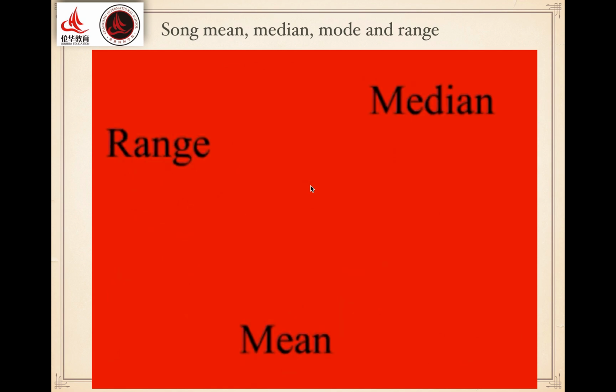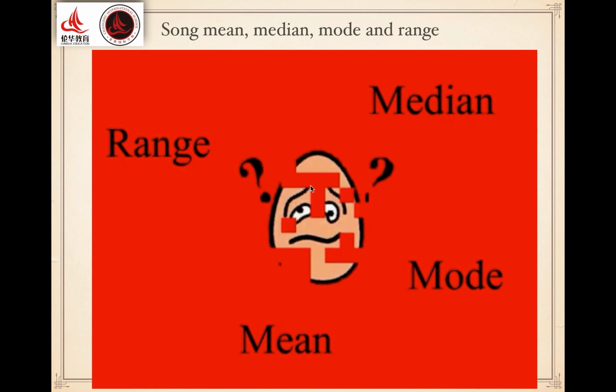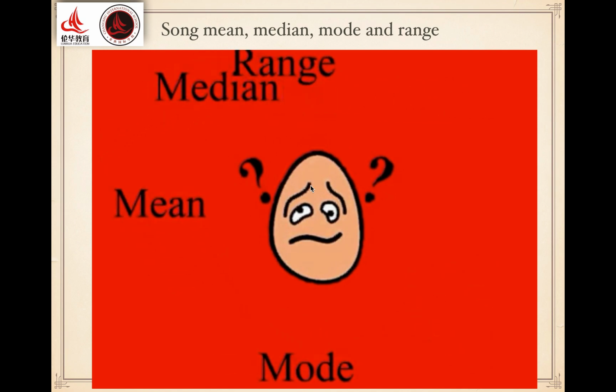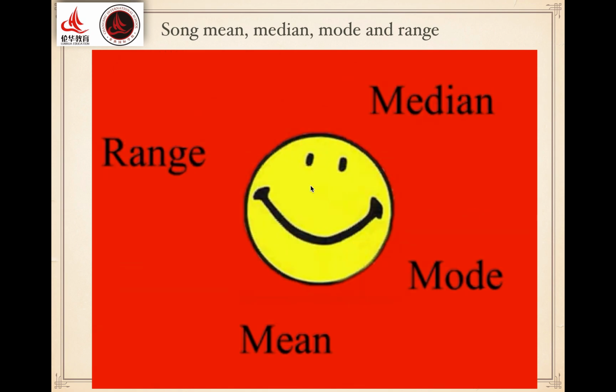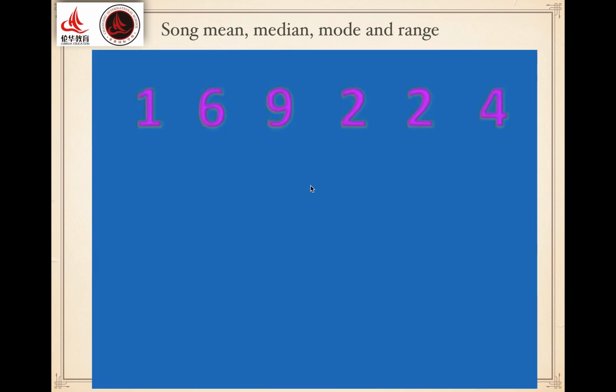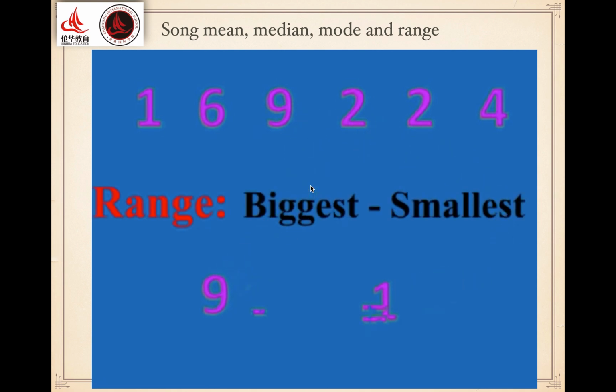Range, mean, median, and mode are confusing, so I have been told. But if I may be so bold, they're not confusing when you know. The range is the difference between the greatest number and the least.